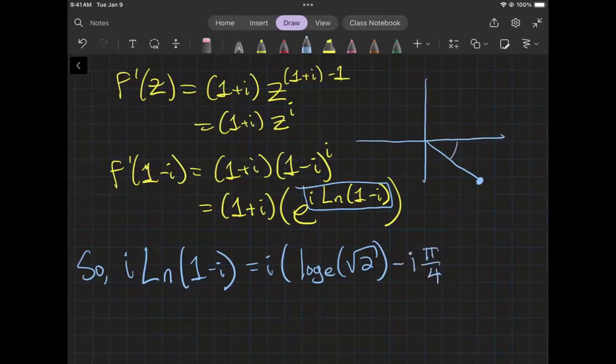So this angle right here is minus pi over 4.